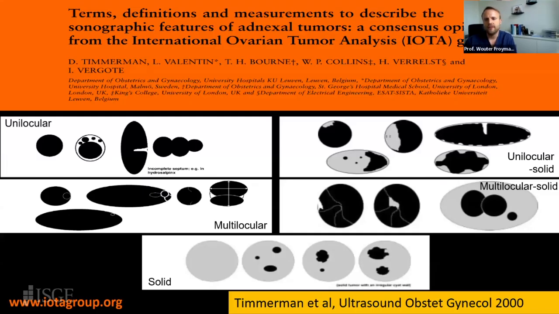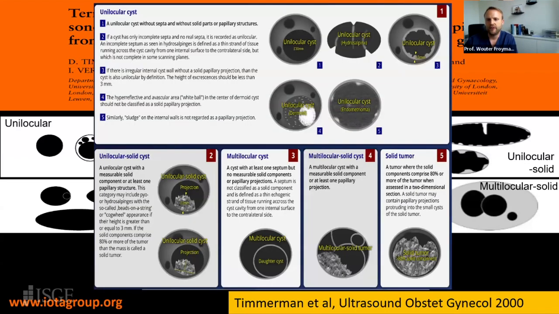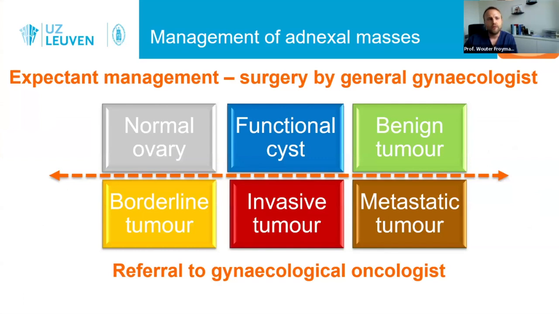So when we describe lesions on the adnexa, so the tube or the ovary, we will always use the standardized definitions and terminology as published by the IOTA group about 25 years ago now. We want to distinguish between things that are functional and which should perhaps not be treated invasively, can be treated conservatively, or can be expected to resolve spontaneously, and other findings that might be neoplastic, like benign neoplastic tumors.